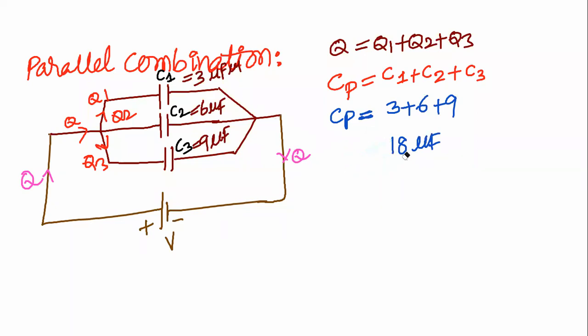Okay. Then if you want, what is the charge passing through C1, C2, C3 individually?